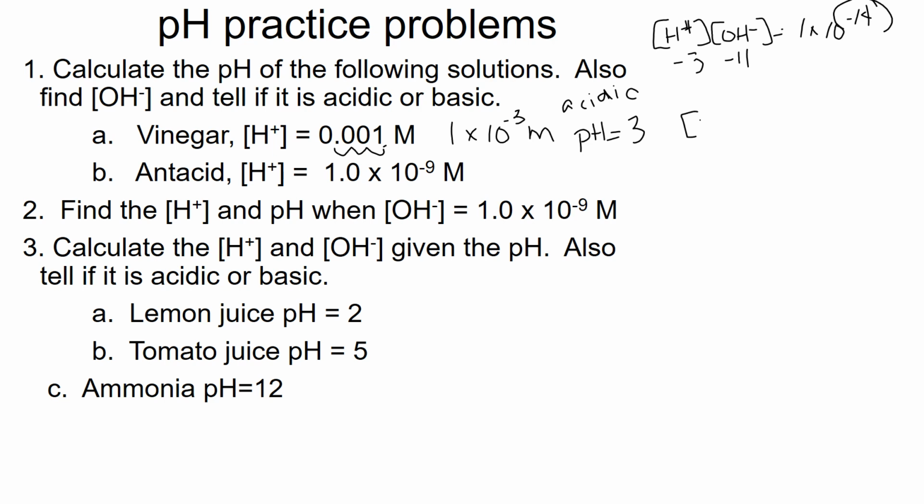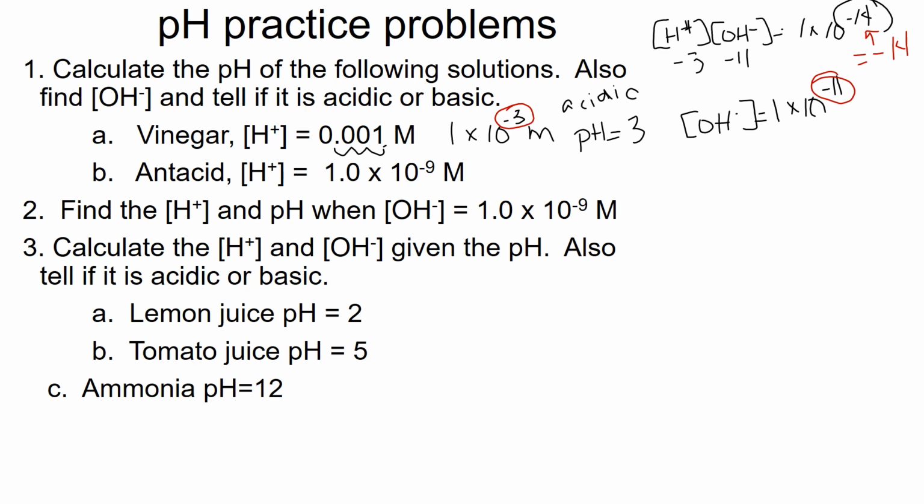So our concentration of OH minus is equal to 1 times 10 to the minus 11, because minus 3 plus minus 11 equals minus 14, which is that exponent. So it just simplifies it. You can do it the way we did the last one and put it in your calculator as well. They both work. So pause the video, try some of these, and then turn it back on.